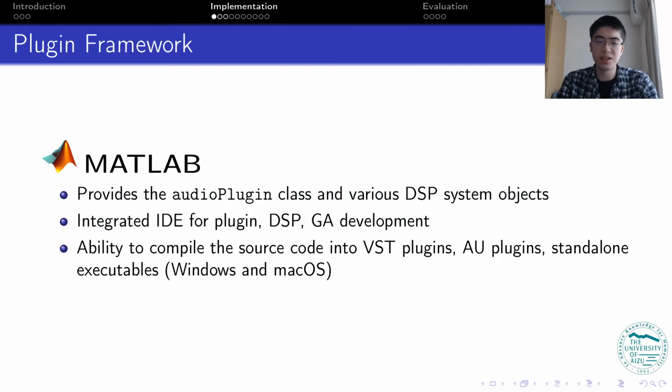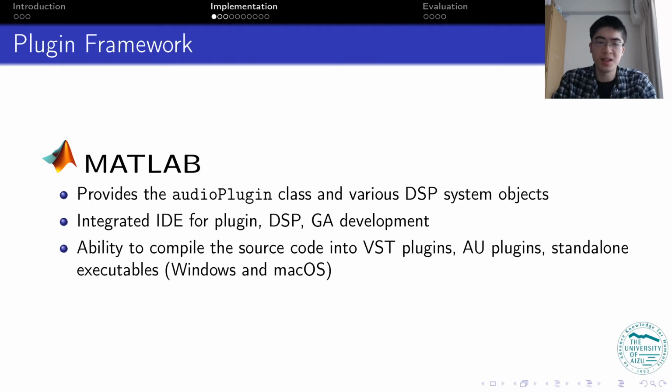Now I want to briefly talk about what I use to develop the plugin, which in this case is MATLAB. It has a few great toolboxes available in order for us to get a prototype up and running as quickly as possible, which includes the audio plugin class, as well as some system objects that we need to perform the DSP.